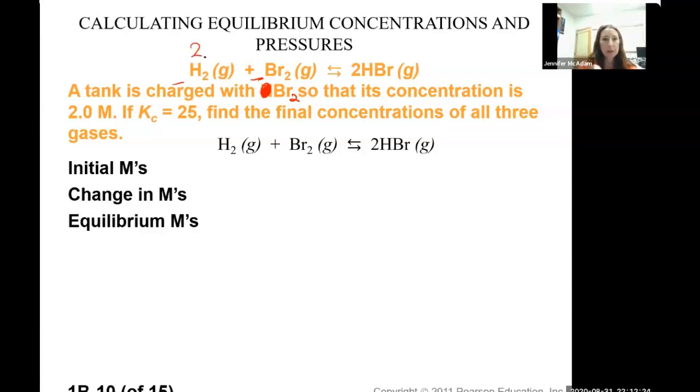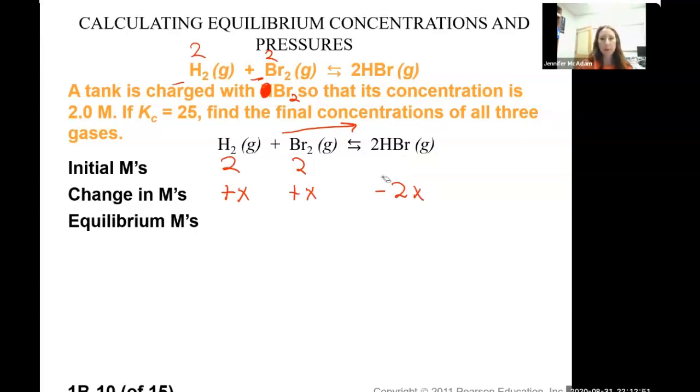So this is 2 and this is 2. So then this would be 2, 2, this would be 0. That means it has to go towards the products. And so therefore this would be plus x, and this would be minus 2x. Does that make sense? So you have to look at which way the reaction's going to go.